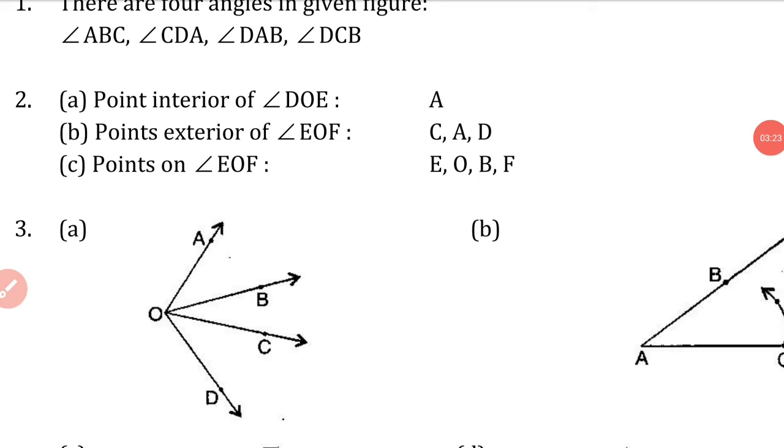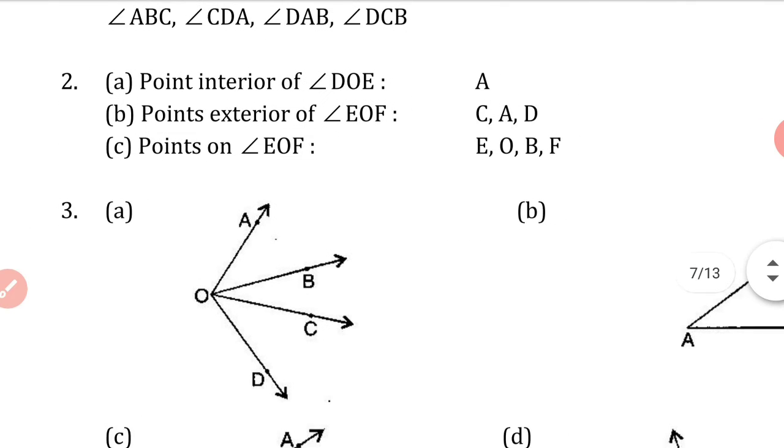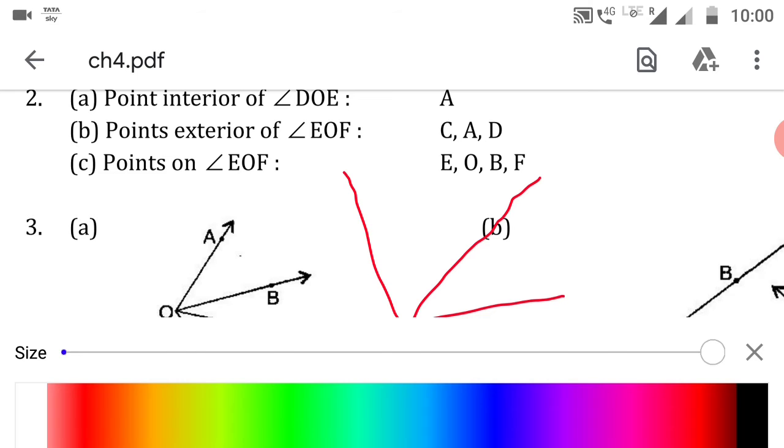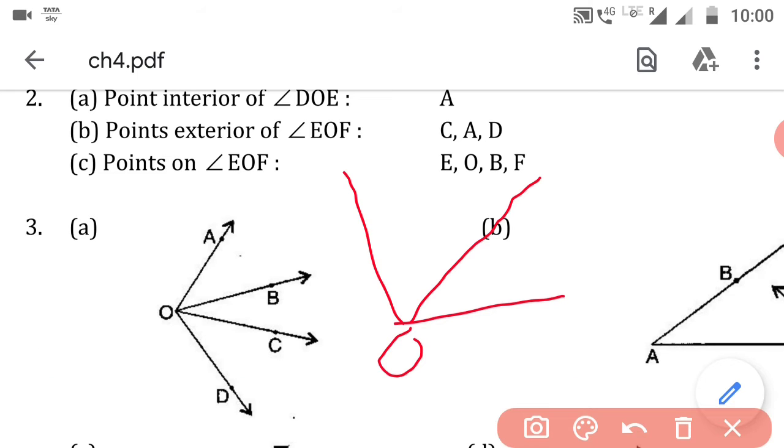So before that I will construct the figure again. The given figure was in this way. This is O. This is D here. And F is here.